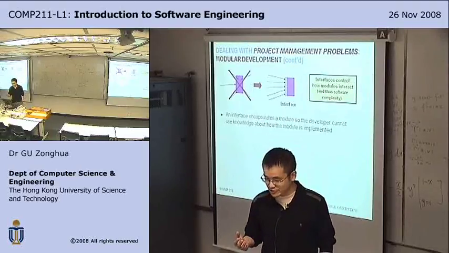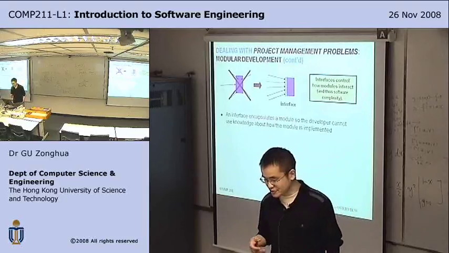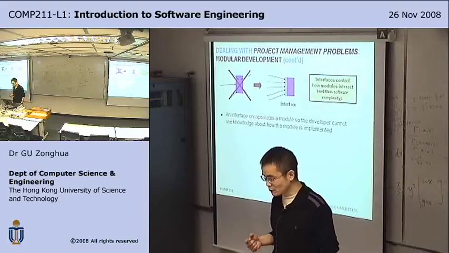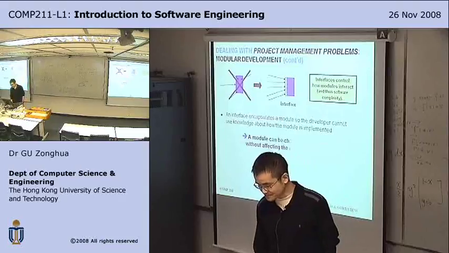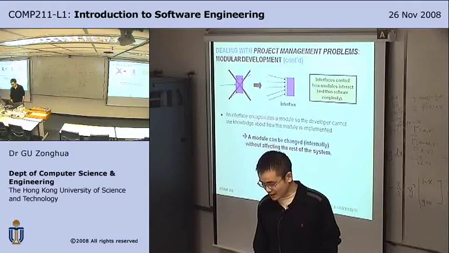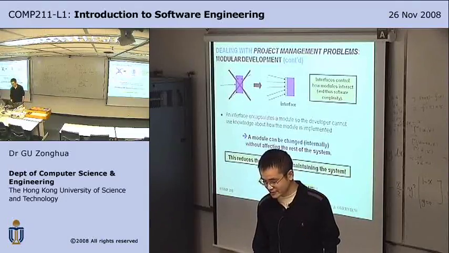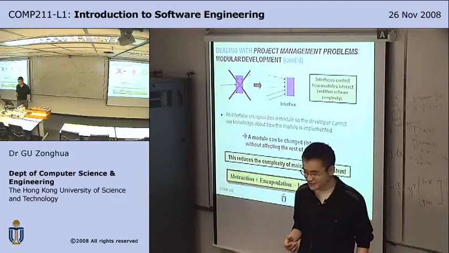But for encapsulation, you cannot use the knowledge about the implementation details. One is do not need, one is cannot. So encapsulation helps you to maintain the system. Abstraction helps you to understand the system.